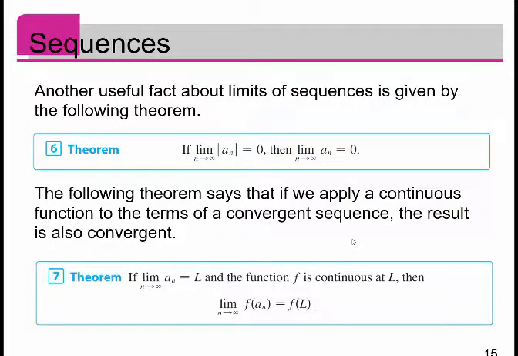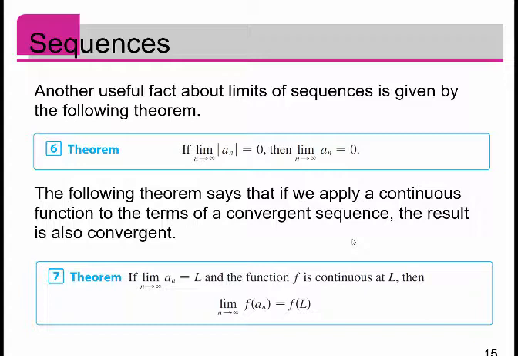Another useful fact about limits and sequences is given by the following theorem. If the limit as n goes to infinity of the absolute value of a sub n is equal to 0, and this one will be important, then the limit as n goes to infinity of a sub n is also equal to 0.